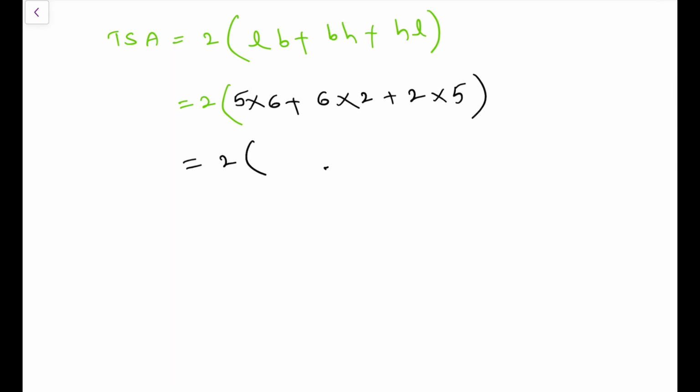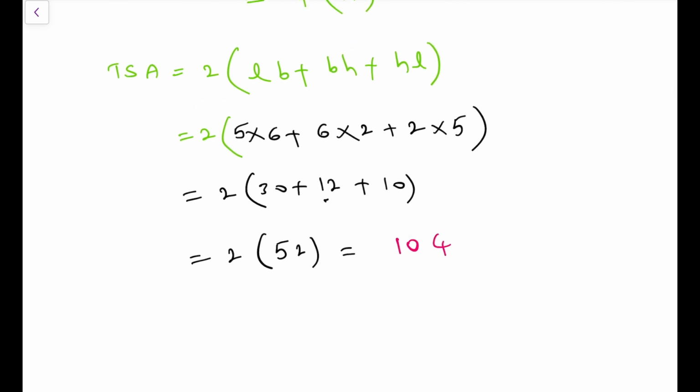That equals 2 times (5 6s are 30 plus 6 2s are 12 plus 2 5s are 10), equals 2 times (30 plus 10, 40, 40 plus 12, 52). So 2 into 52 is 104. The units are centimeter and we are finding area, so this will be centimeter square.